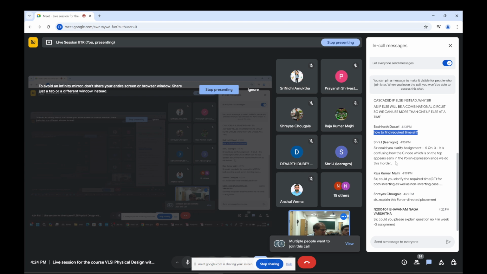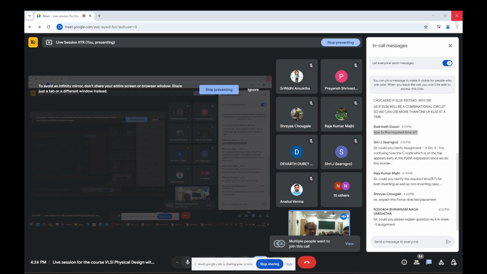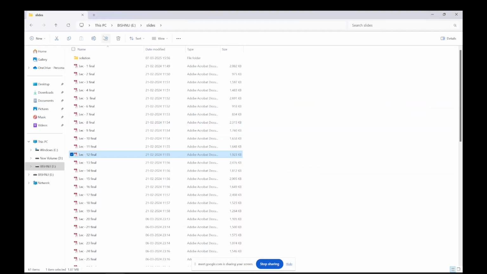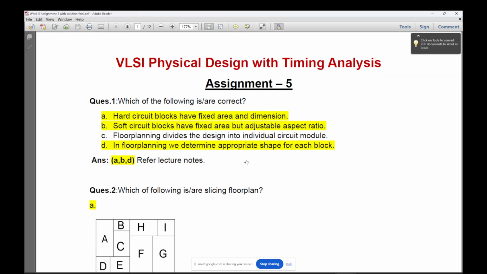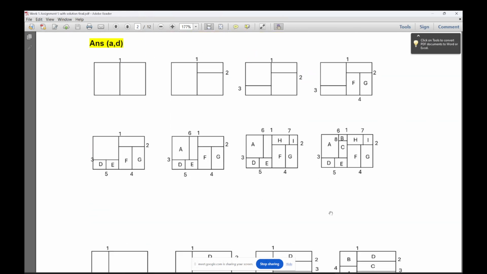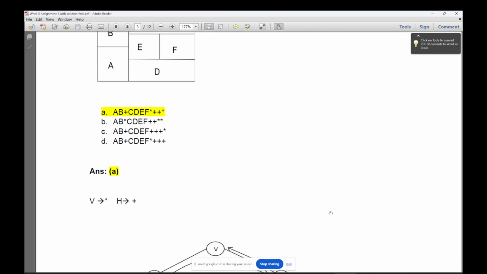Okay, I have to open that one. What is it? Assignment 5. This one.